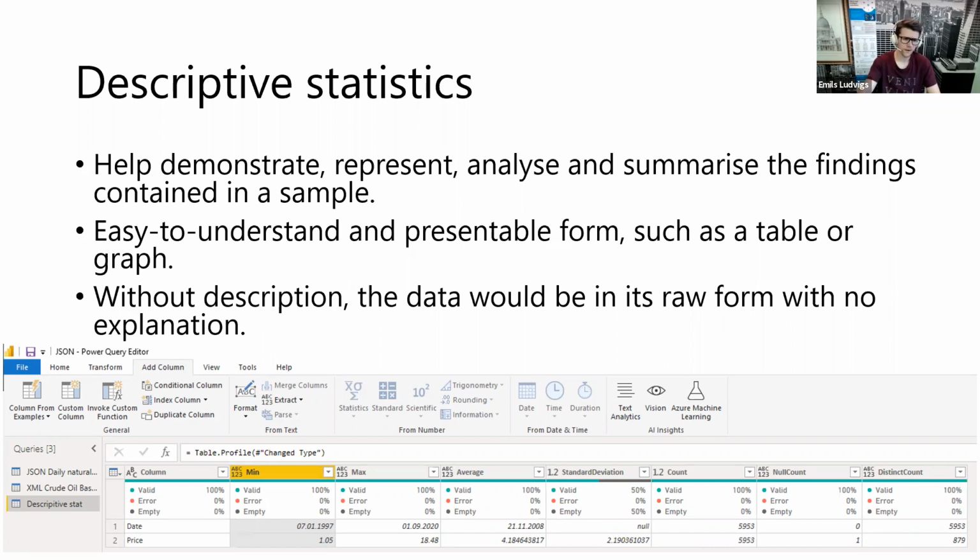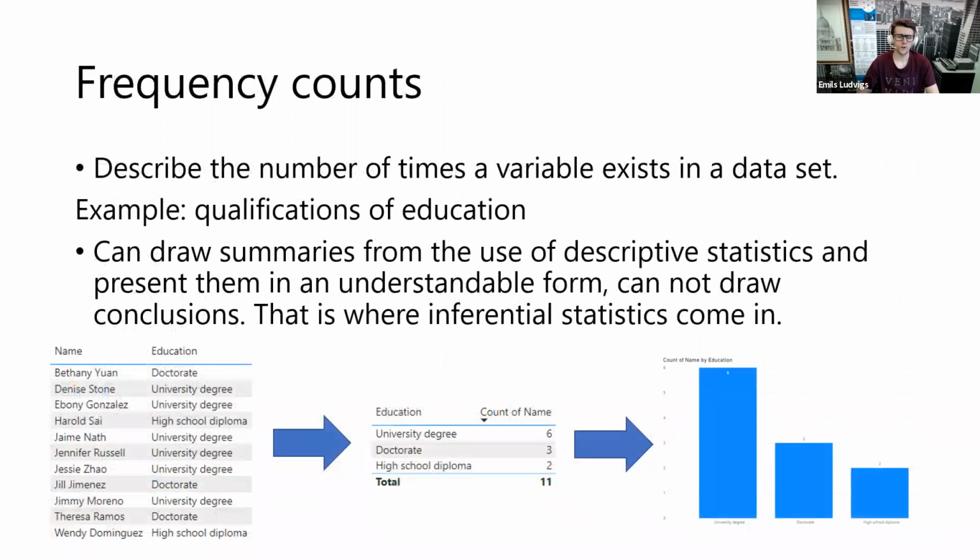So the next thing, we can count the frequency of the data. We know that this is really useful for qualitative data when we need to count how many times which variables exist in the data set. For example, I have here the qualification of education.